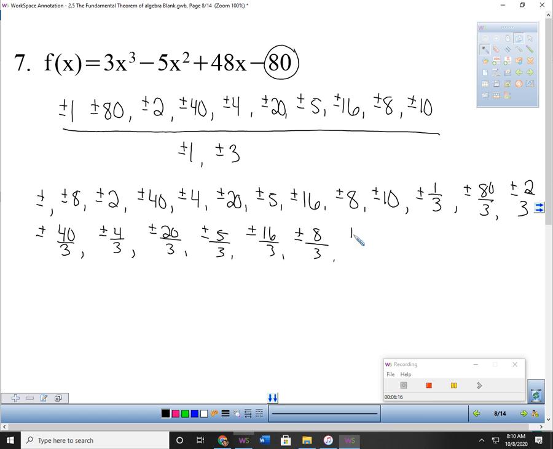And 10 over 3. We had none that repeated, right? These are all of the possible ones.